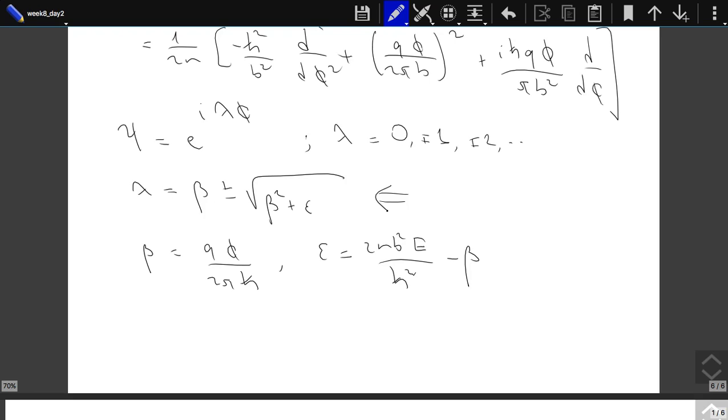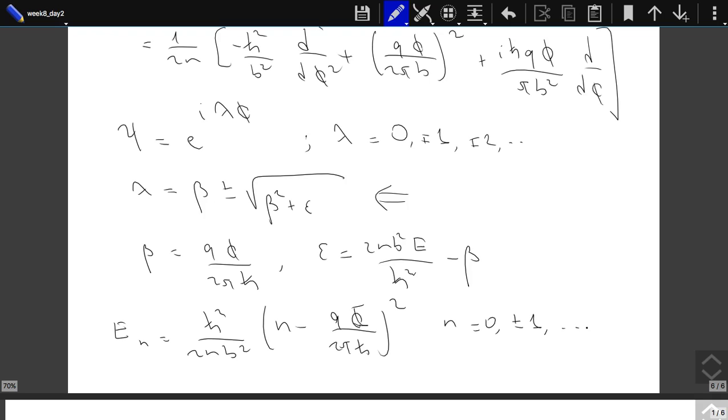That means energy can only take discrete values, and the energy eigenvalues turn out to be h bar squared over 2 m b squared times (n minus q phi over 2 pi h bar) squared, where n is 0, plus or minus 1, etc.